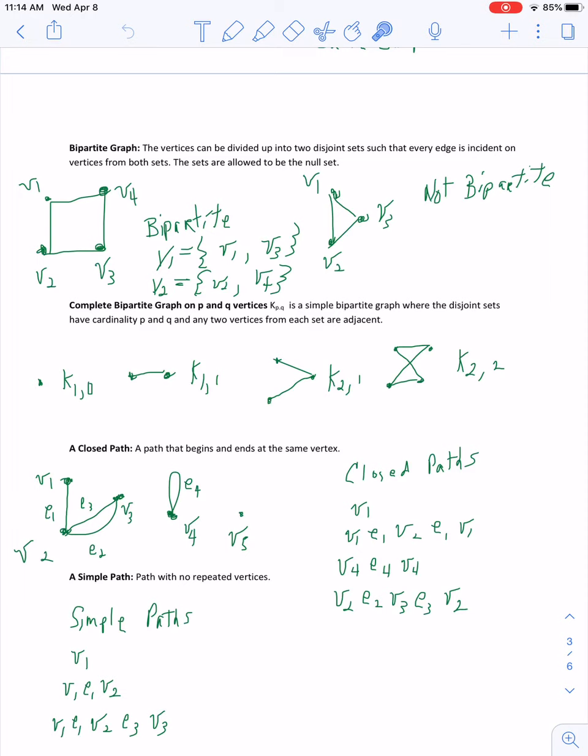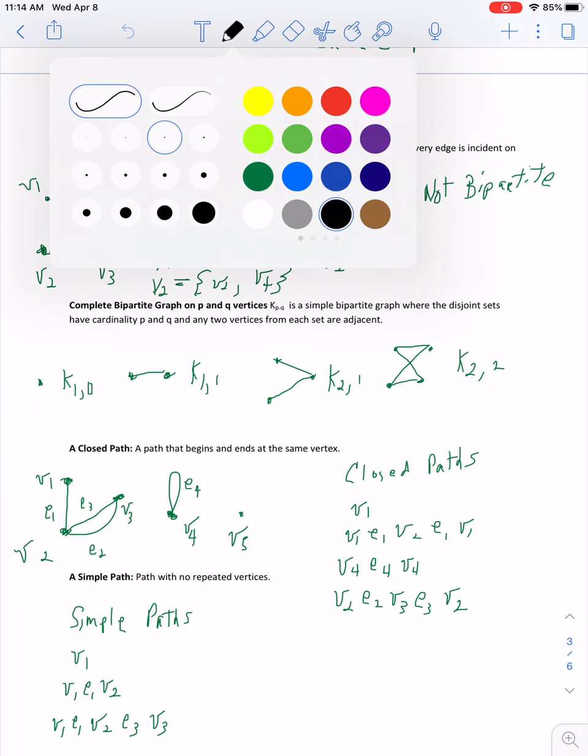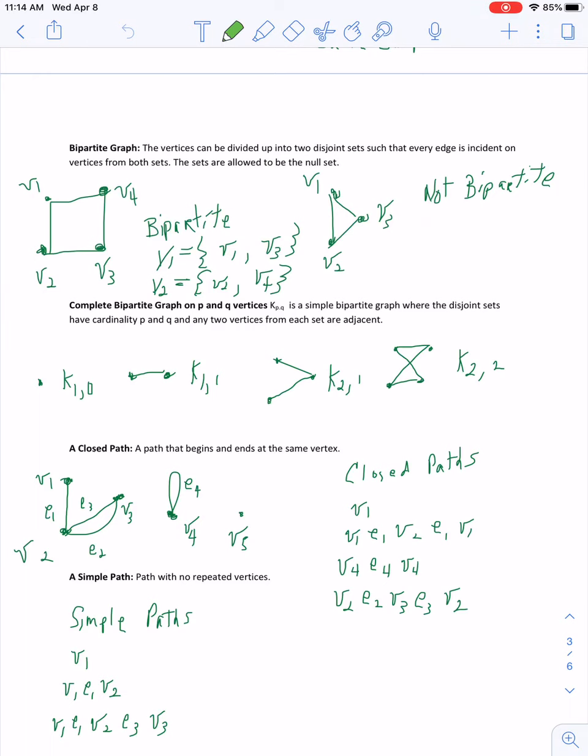But the question is, can I draw it without edges crossing? And if I can draw it without edges crossing, then it is what? Planar, to talk about a concept that we did before. Well, let's see if I can do that.